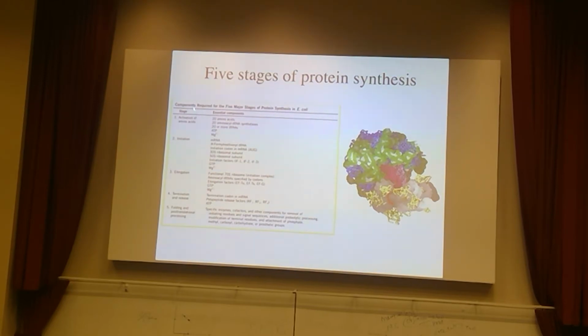We're going to be talking about 5 different steps. We're going to be talking today about activating the amino acids associated with tRNAs. Then on Thursday, we'll talk about initiation, elongation, and termination of the polypeptide chain on the ribosome. We've kind of already talked about folding and post-translational processing, but we'll review that again, especially when it comes to post-translational modifications of the protein message.